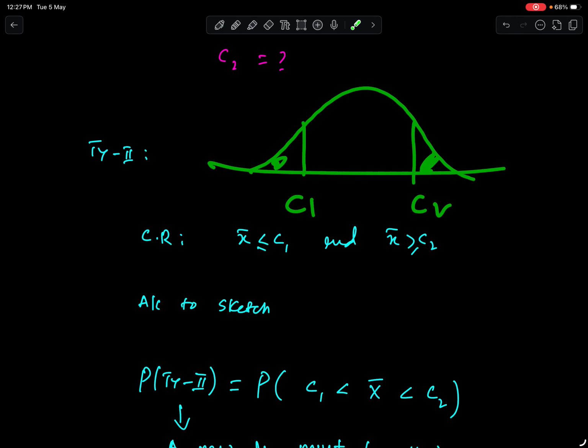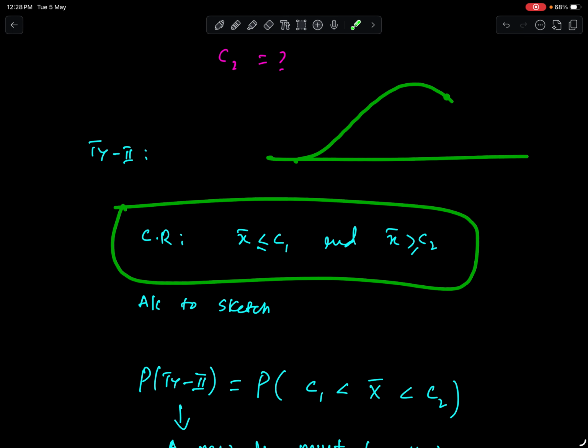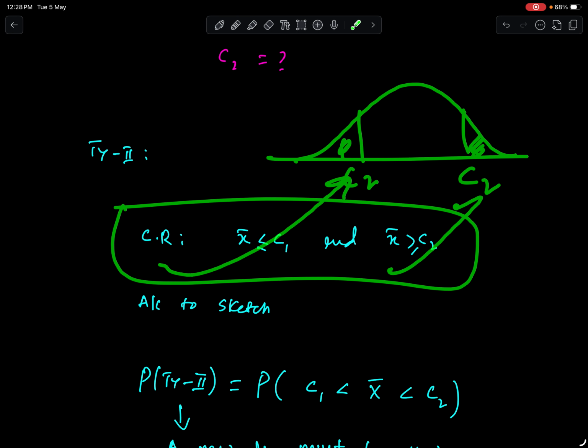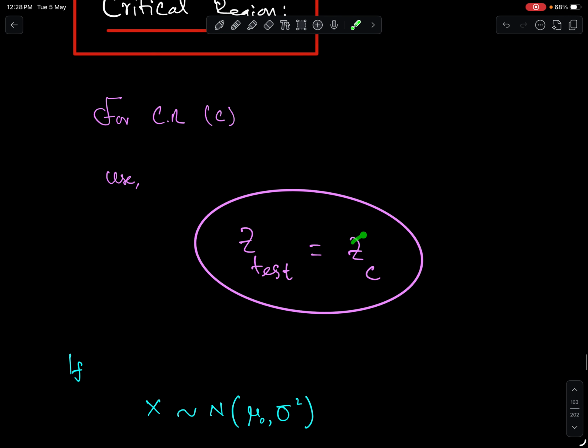So this is the probability of type 1, and this is type 2. For type 2, do this. See, critical region is this. This is the critical region. This is the critical region. So this is the accepted region. And use this formula for the critical region. Z test is critical.